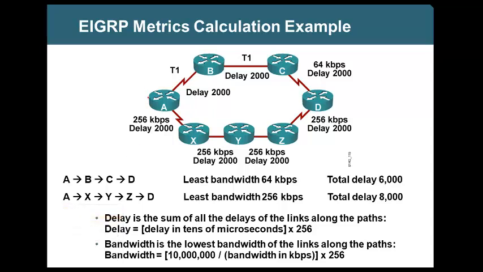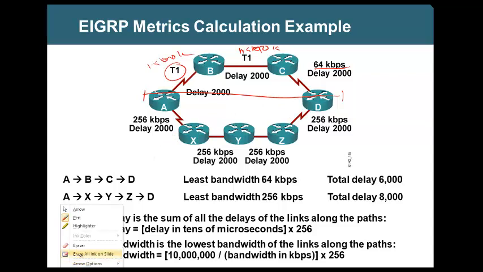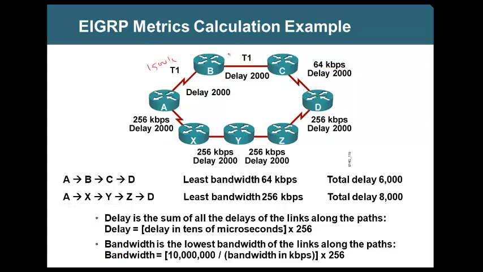In the upper path, bandwidth is 1.5 meg, which is equal to 1500 K. Here you got only 64 K. Which one should I consider as a bandwidth? 1500 K, 1500 K, 64 K. In this path, which one should I consider? The slowest link bandwidth, which means you should consider only 64 as a bandwidth, the least bandwidth.